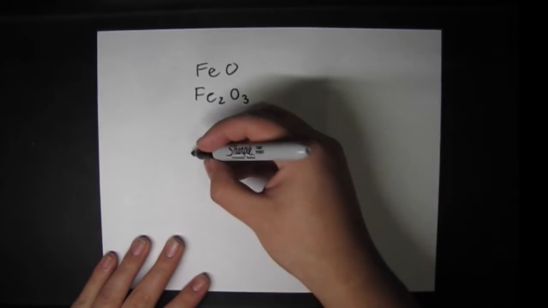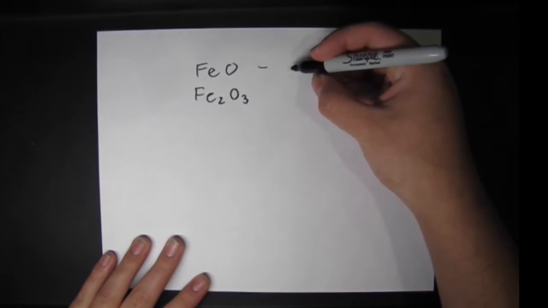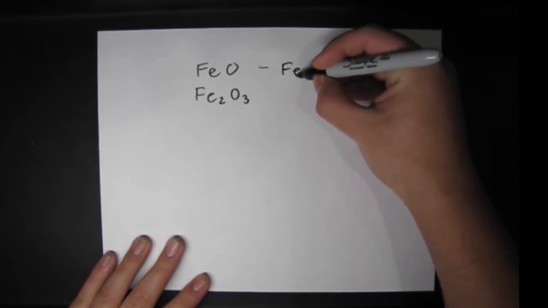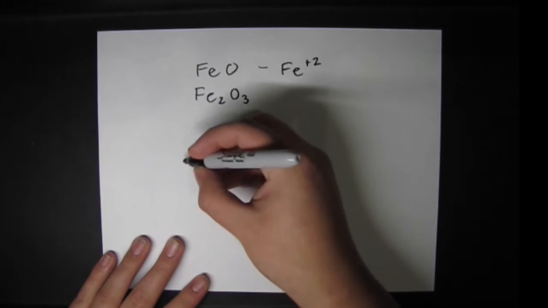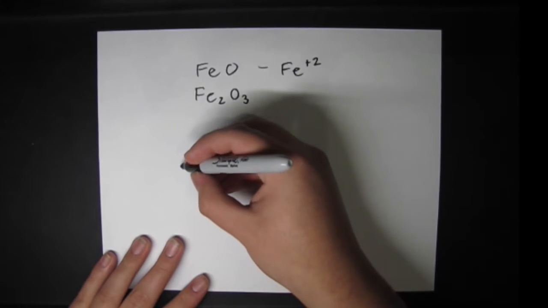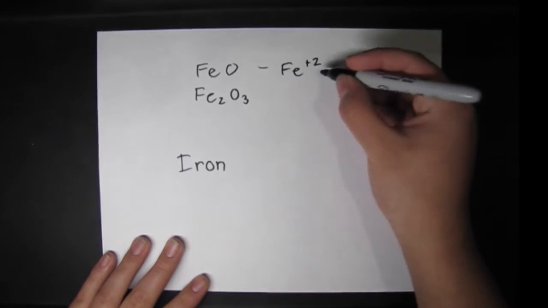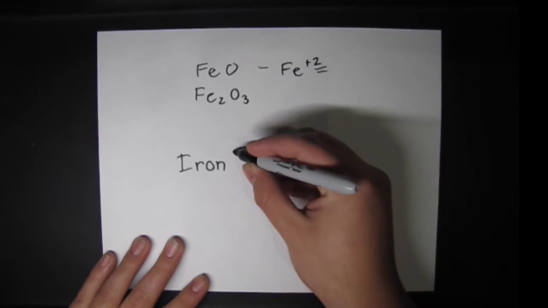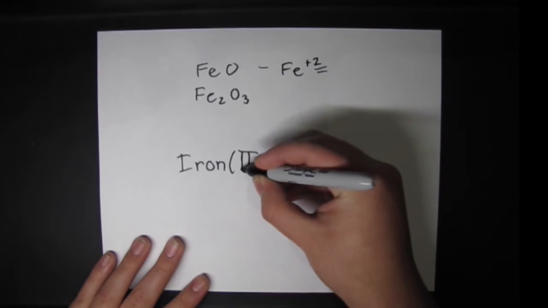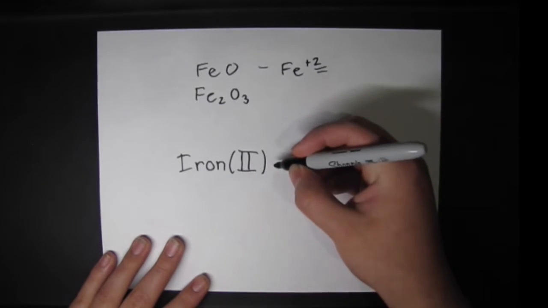And so we're just going to write it out as, if you're going to use this one first, which has the iron charge of +2, we're going to be writing it out as iron, and then since it has a charge of +2, we're going to put the Roman numeral of 2.